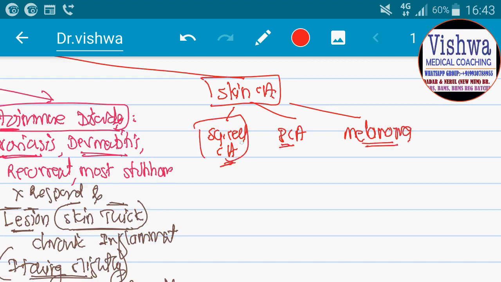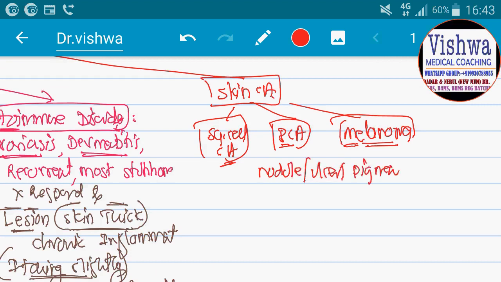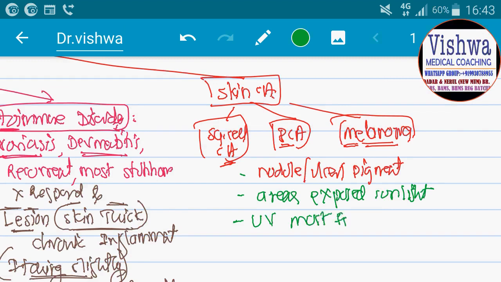All of those have their separate similar features, and they are in the form of a nodule, or an ulcer, or a pigmentation. They are always on those areas of the body which are exposed to sunlight, because UV light plays the most important role in the etiology of skin cancers.